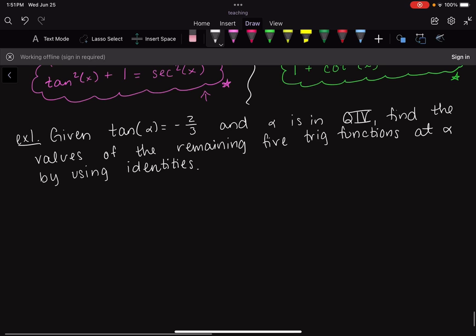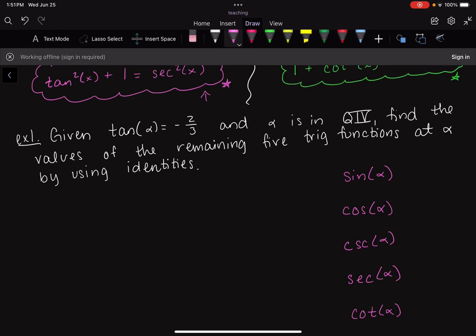This one starts us off with tangent though. So I want to find sine of alpha, cosine of alpha, cosecant of alpha, secant of alpha, and then I'll also need cotangent of alpha.